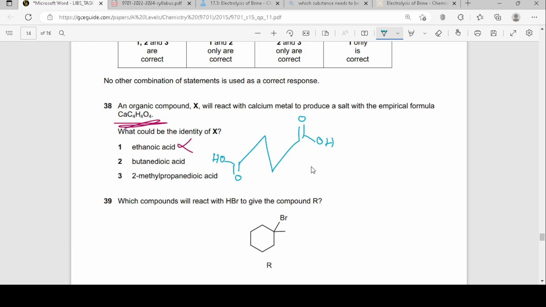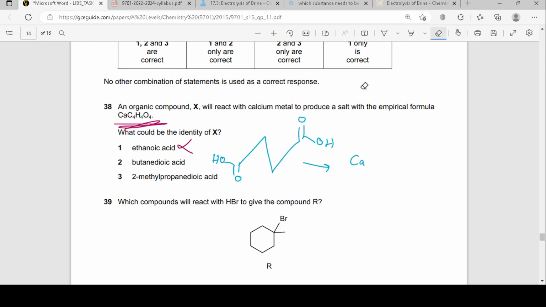Okay. So what I would get then if I react calcium metal with it is, because this will have a 2 minus charge, right? Because if I lose this H, I get O minus, and if I lose that, I get O minus. So basically, I don't need to do the same thing I did with CH3COO twice here, where I added twice there, because it already has a 2 minus charge. It's the compound if I lose the H atoms.